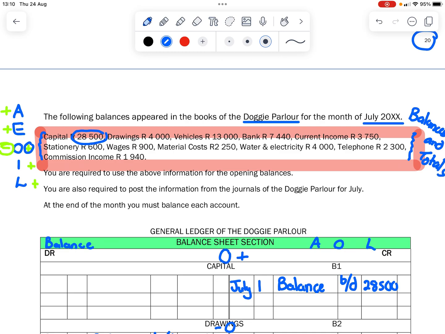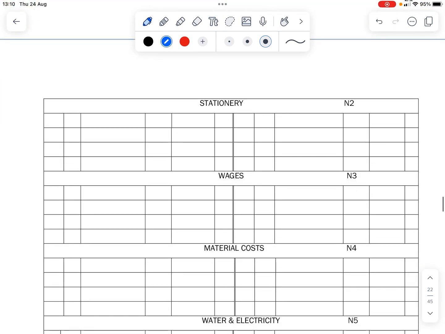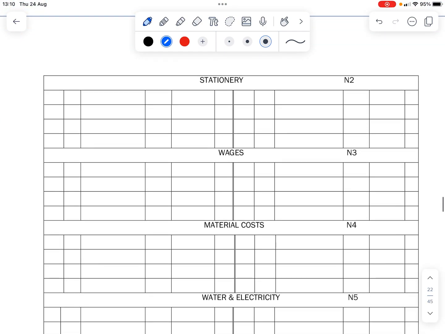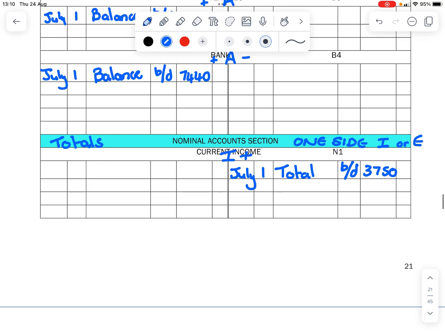Okay, we then, after current income, go to some of our expenses. The first being stationery. So we go to stationery. Now, obviously, I mentioned we use one side only in the nominal account section. So the debit side for any incomes won't be used. Okay?